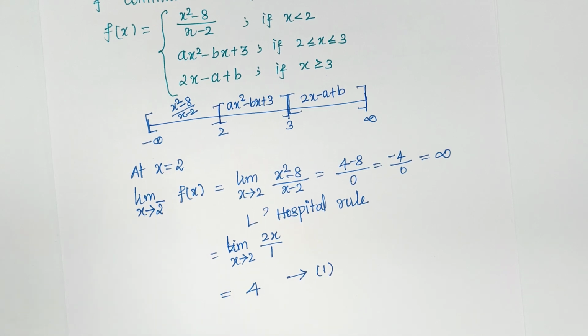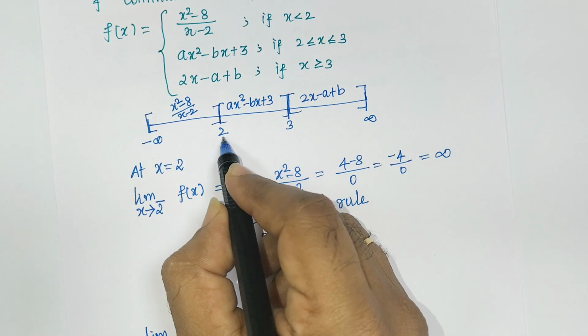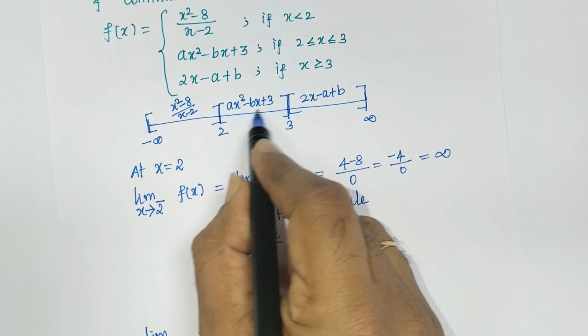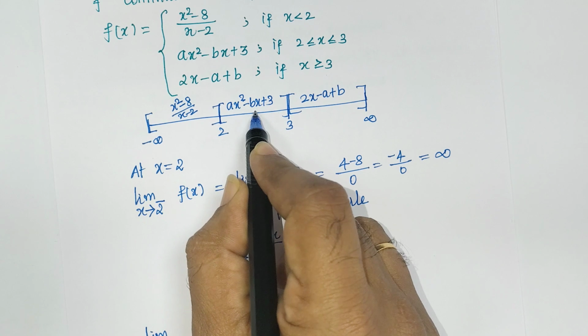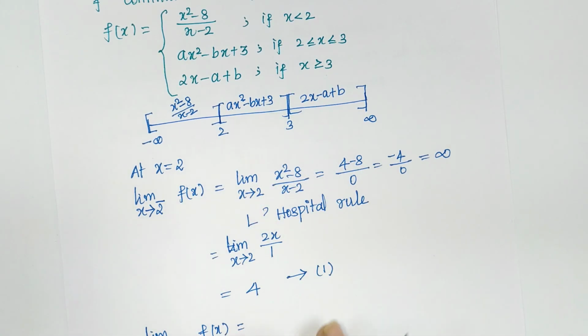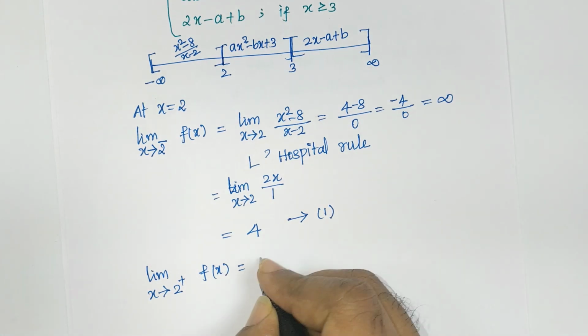At the point x equal to 2, I will find the right hand side value. Limit x tends to 2 plus f of x equals, at the point 2, right hand side your function is what? Ax square minus bx plus 3 is your function. So just write that.